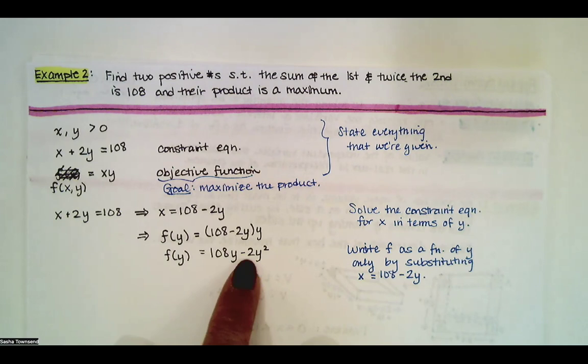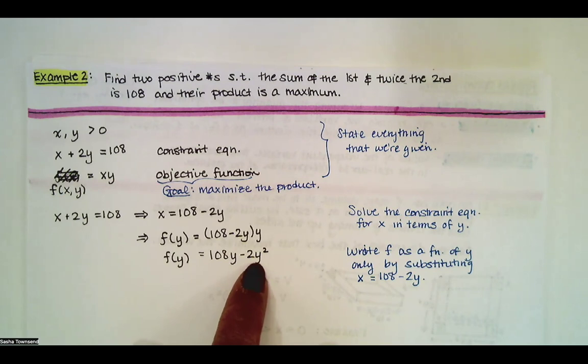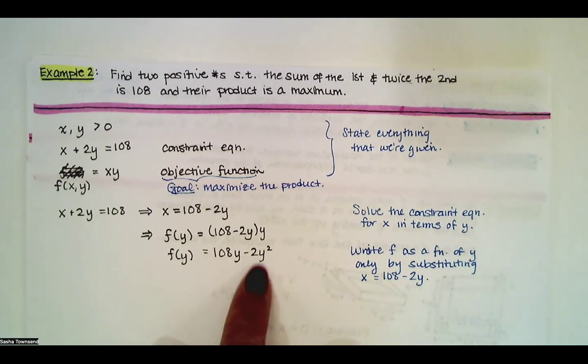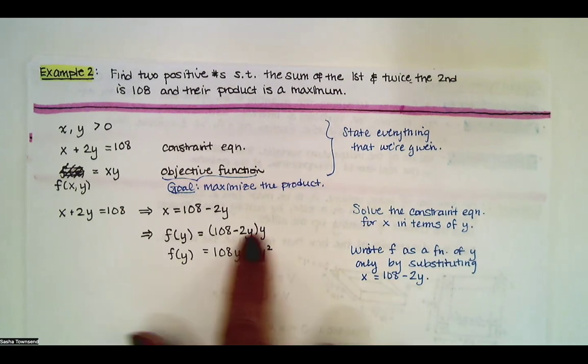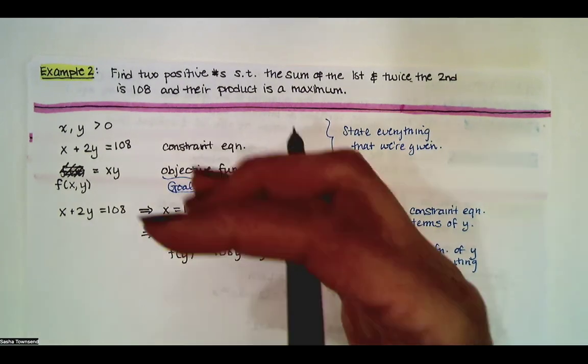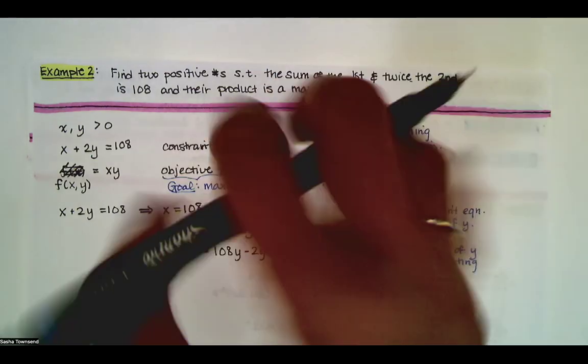And it's a parabola, the coefficient of Y squared is -2. So if this was an X rather than a Y, it would be a parabola facing down. So we know that we'll be able to find a maximum because it's just a parabola that's upside down. I know it looks different because we're saying it's a Y, so you might think it's like a parabola facing left or right.